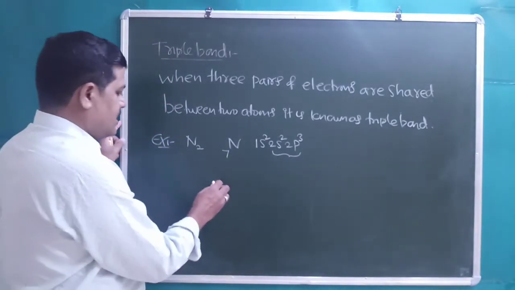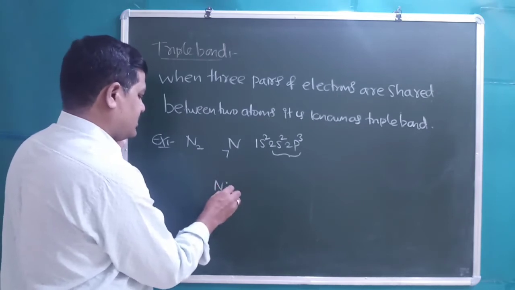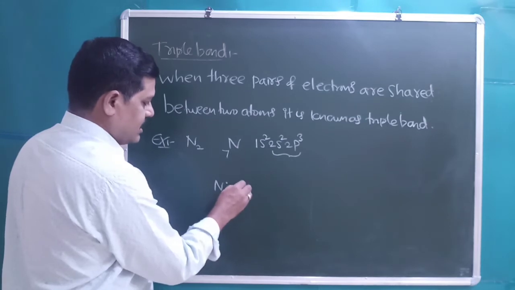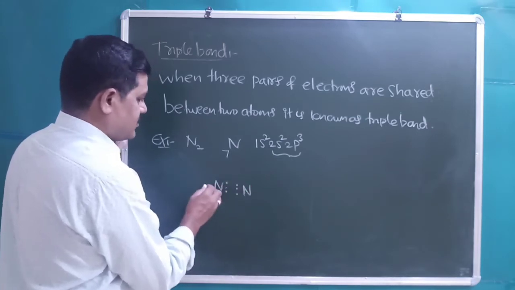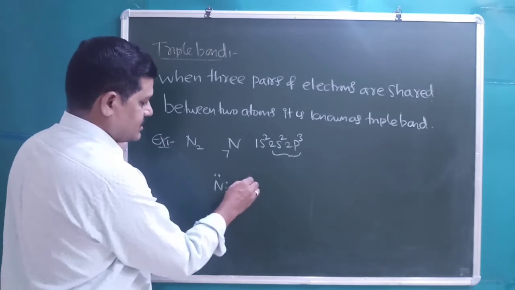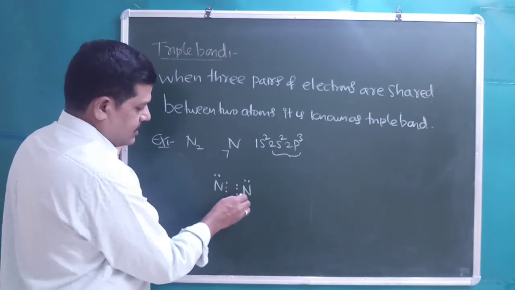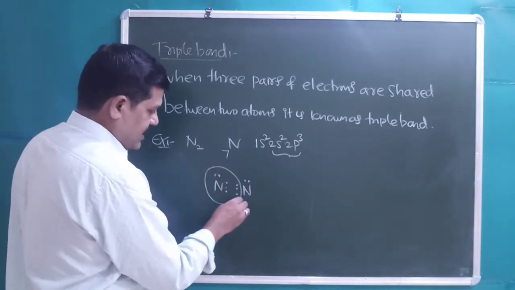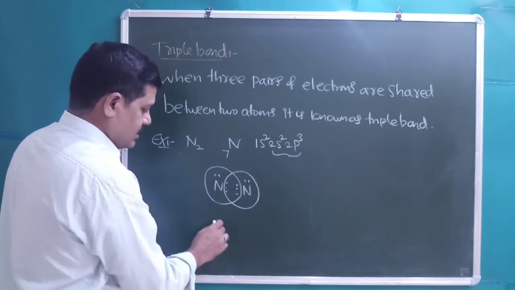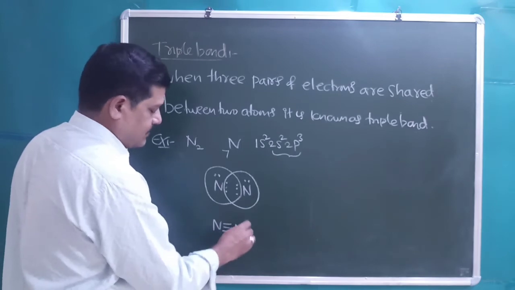Each nitrogen will contribute 3 electrons, and 3 pairs of electrons are equally shared between two nitrogen atoms. Each nitrogen has 5 valence electrons, so it is known as a triple bond, N triple bond N.